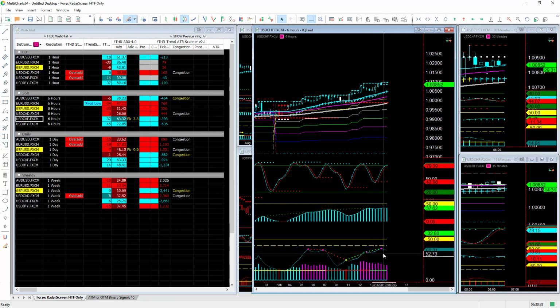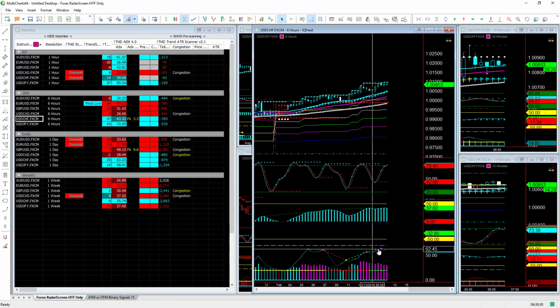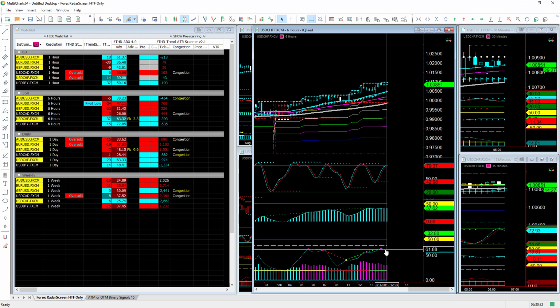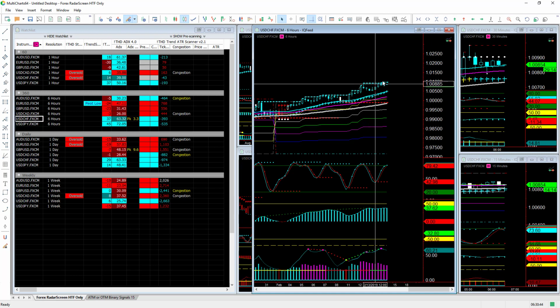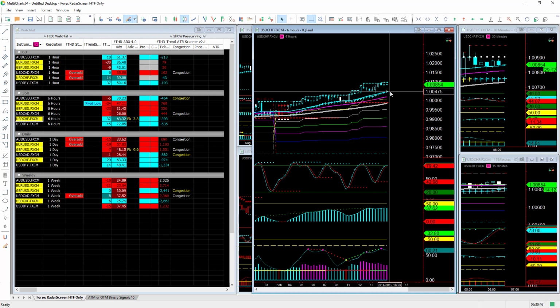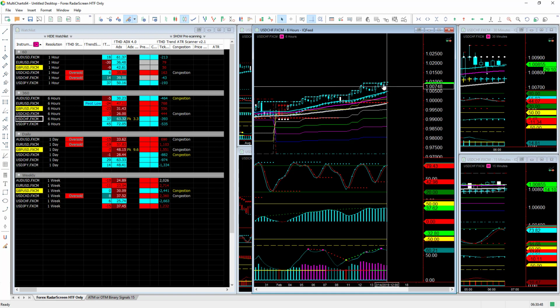Now, because the ADX is blue right here, and you have to understand the ADX is a non-directional indicator, so I have to look at the color of the line. In this case, it is blue. I'm expecting it to retrace down to 1.0052. And this is where it kind of highlights when traders are taking profits.